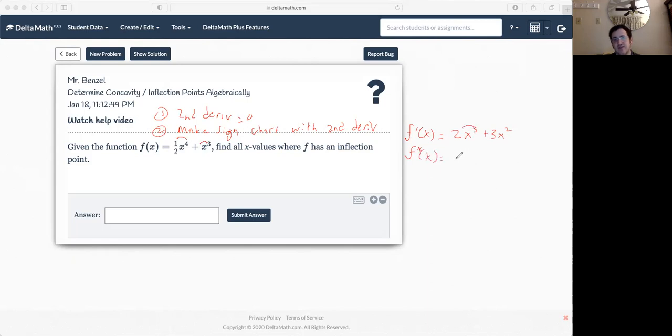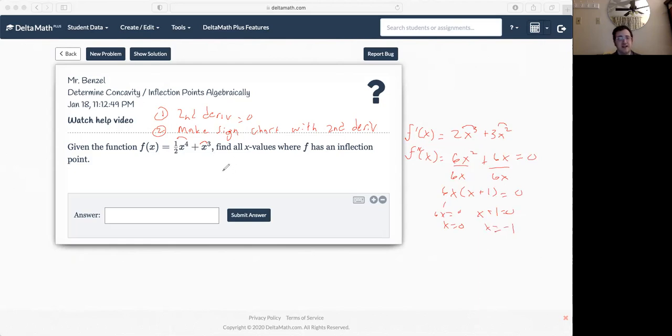So this is going to be 6x squared plus 6x equals 0. And I can just pull out a 6x. So I have 6x times x plus 1 equals 0. So this means that 6x equals 0 and x plus 1 equals 0. So that's x equals minus 1.